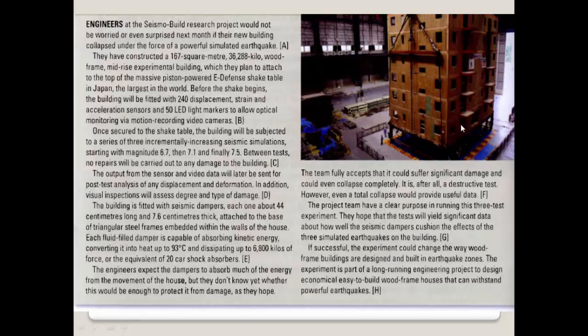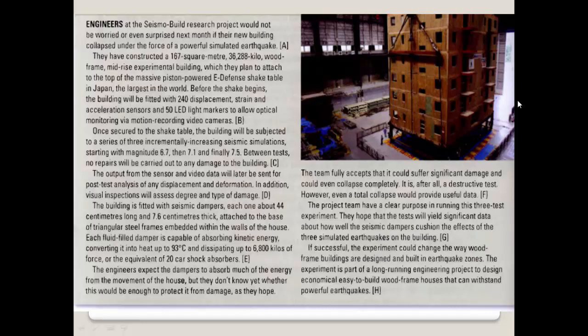Before the shake begins, the building will be fitted with 240 displacement, strain, and acceleration sensors. So you can see the sensors are settled here. And 50 LED light markers to allow optical monitoring via motion recording video cameras.